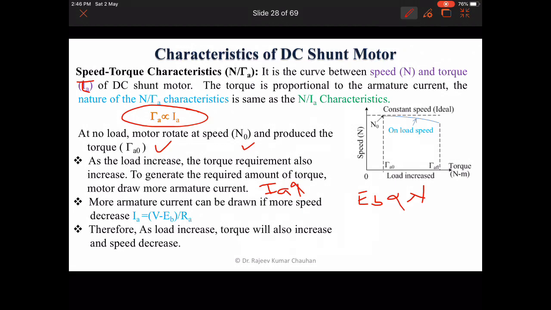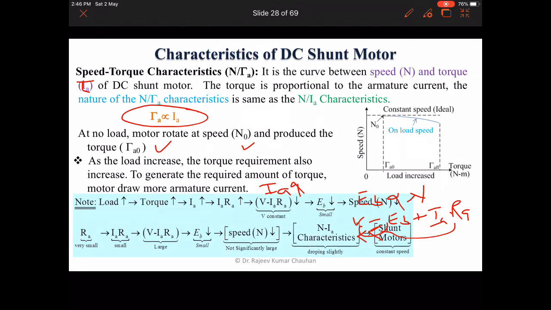So from here we can write the equation Ia is equal to V minus Eb upon Ra, because we know that V is equal to Eb plus Ia Ra. Therefore, as load increases, torque will also increase and speed will decrease as shown in the figure.